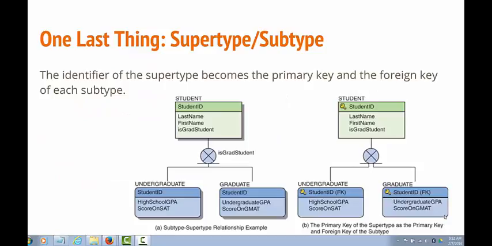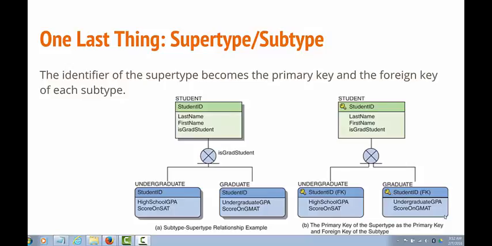One last thing before we end our presentation. Something that's talked about in Chapter 4 and in Chapter 5 is the idea of a supertype and subtype. In this situation, it's not always about removing redundancy. The design is usually about trying to shuffle the information so that we minimize the number of fields which may be blank.